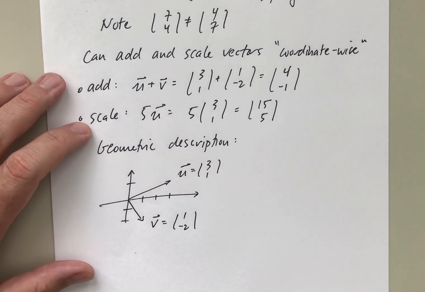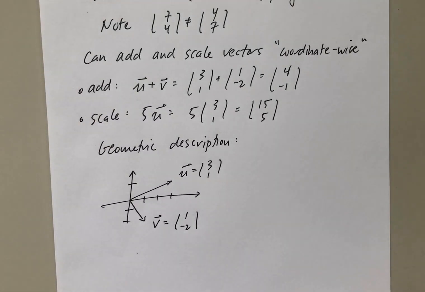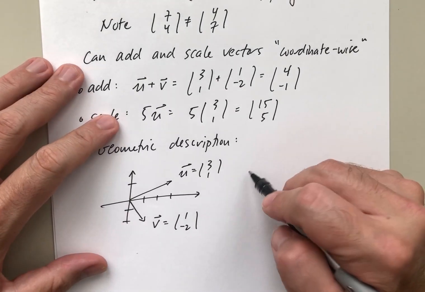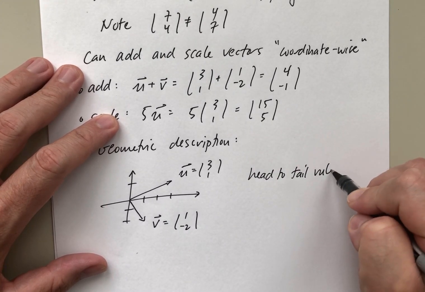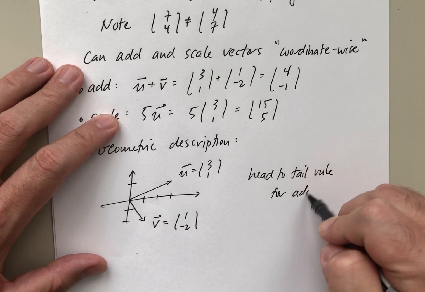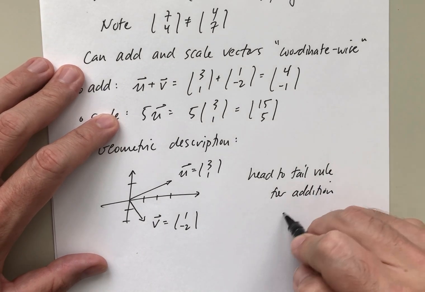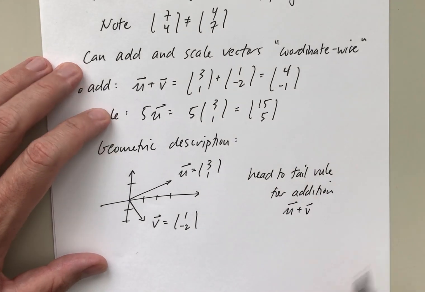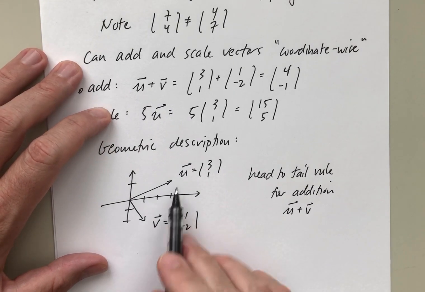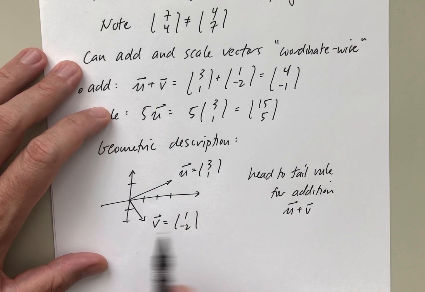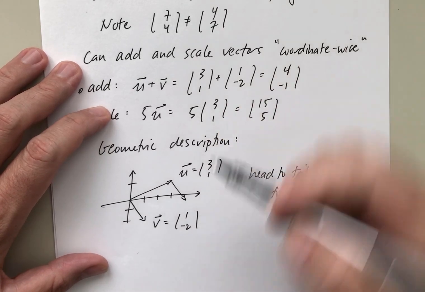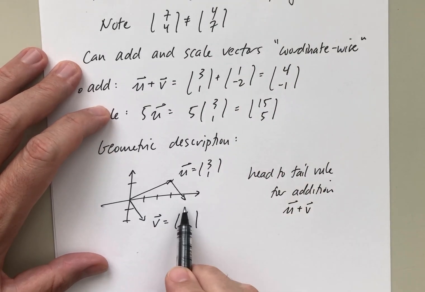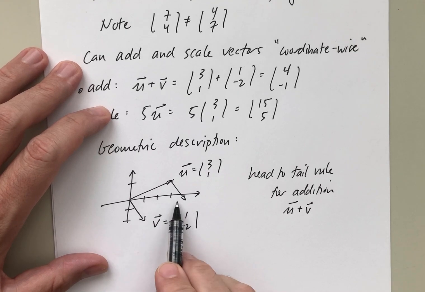And when I add the two, there's a head-to-tail rule for addition. If I want to take u plus v, I take the vector u, and then I take the vector v, lift it up, and place its tail at the head of u. So this is another copy of v that I've placed over here.